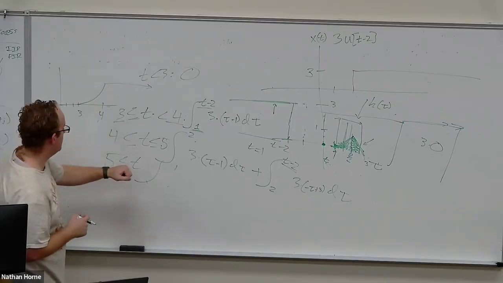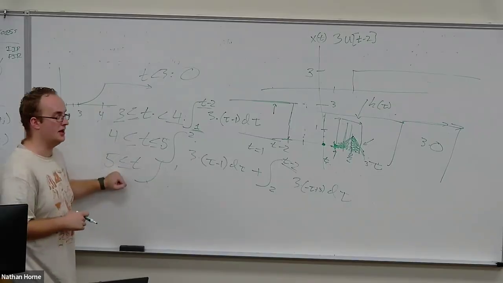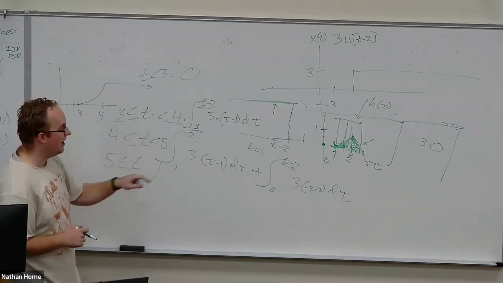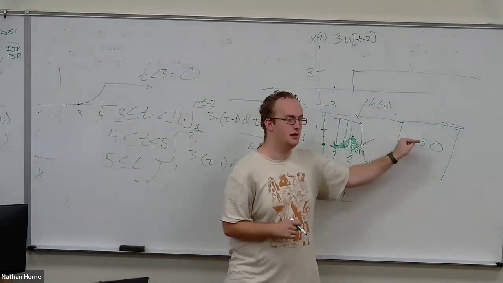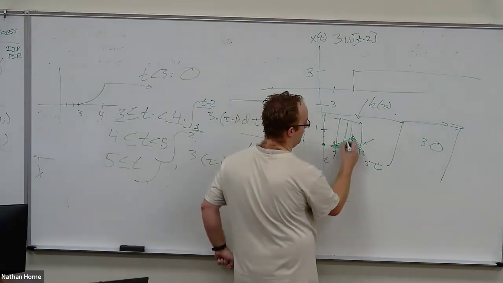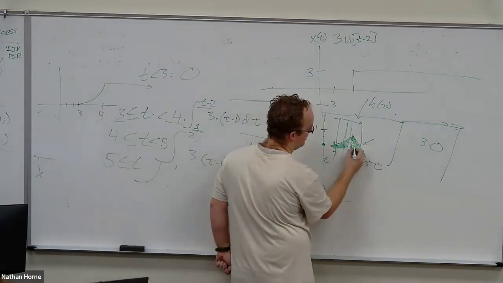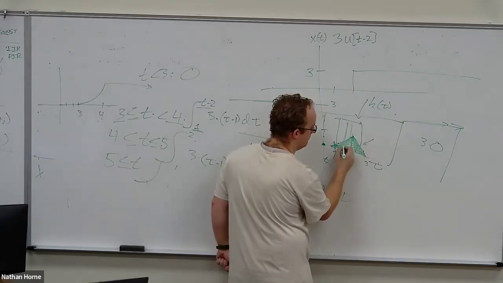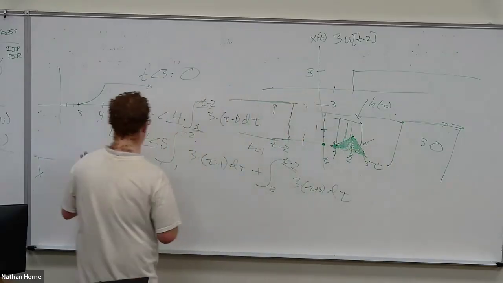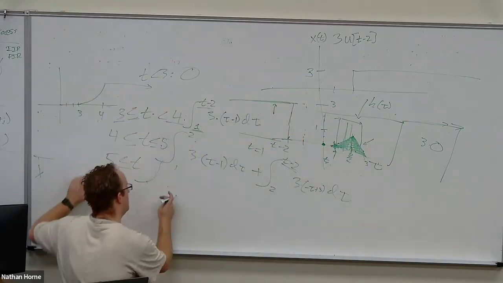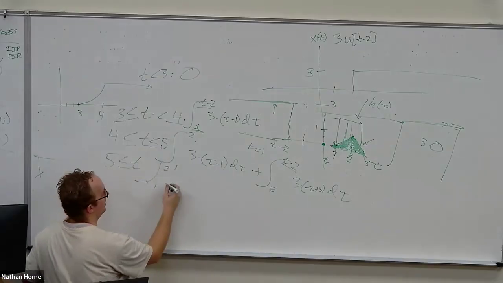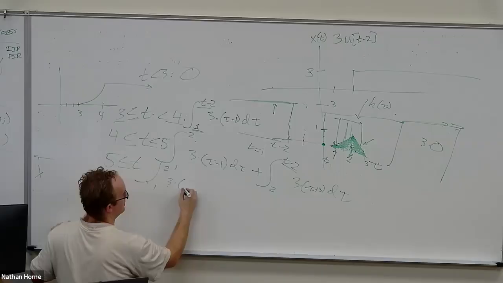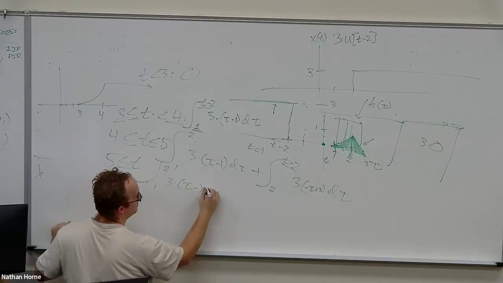So it's at T greater than 5 because when T is greater than 5, T minus 2, this edge, is past 3. And so now the overlap for both of these sections is never changing. So that's why it's greater than 5. And so we'll have the same overlap for the leftmost part of the triangle, so it'll be the same integral that we figured out before.